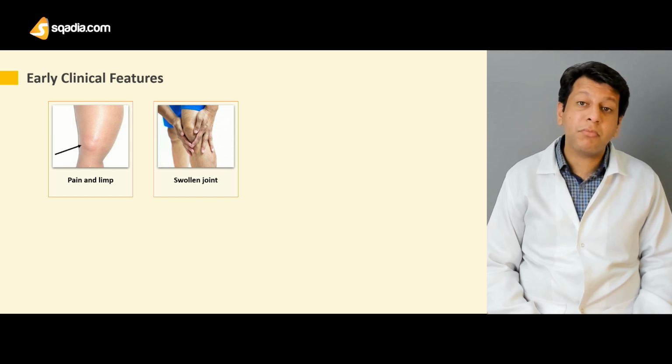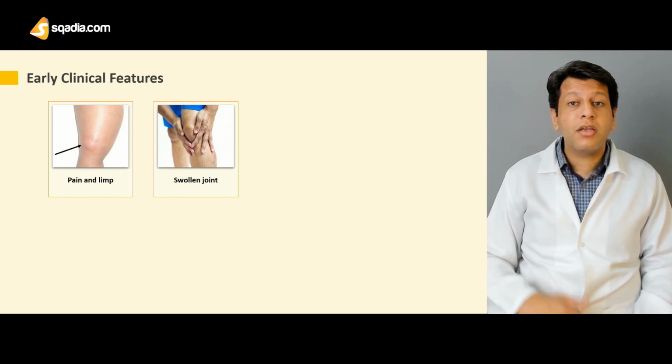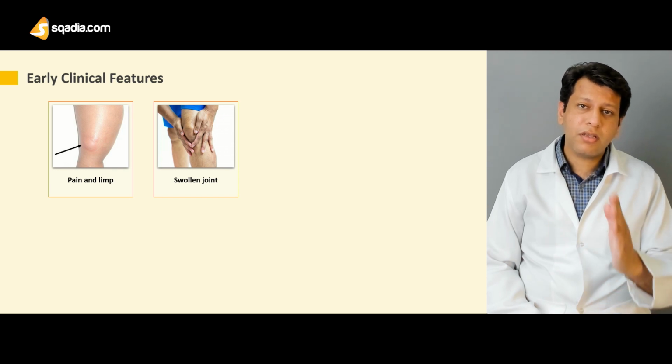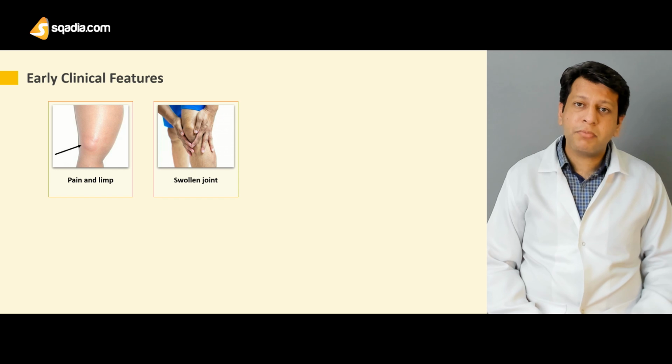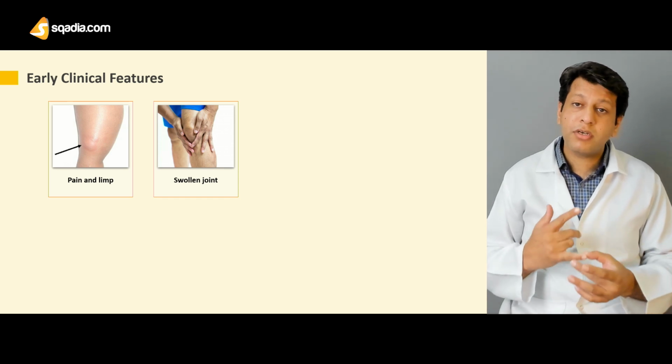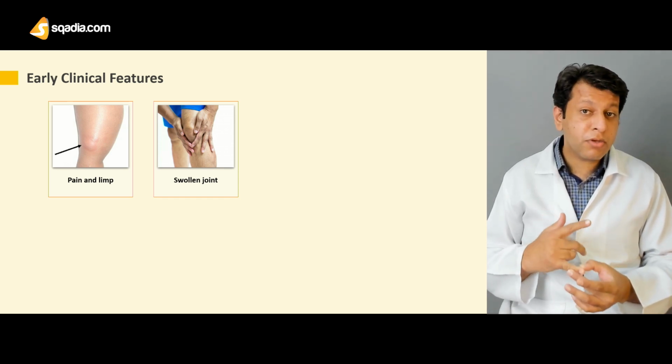It may be present in multiple other diseases like inflammatory arthritis of the knee joint as well as other joints. Therefore, sometimes it's very difficult to clinically decide with this kind of picture, especially when you do not have any history of tuberculosis in the family, and the patient did not have any history of pulmonary tuberculosis.